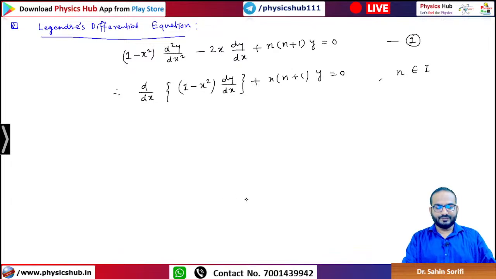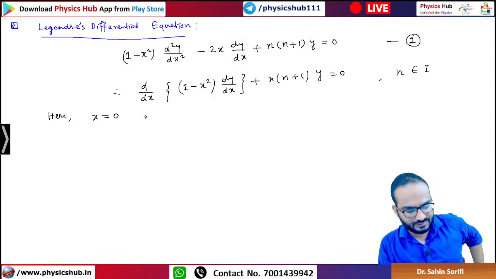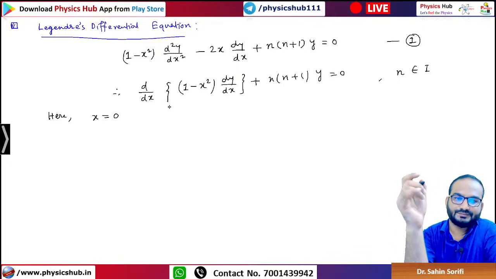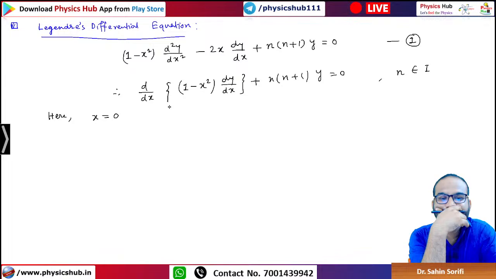Here, can you tell me, x equals to 0, what kind of point it is, ordinary or singular point? X equals to 0, is it an ordinary point or a singular point?